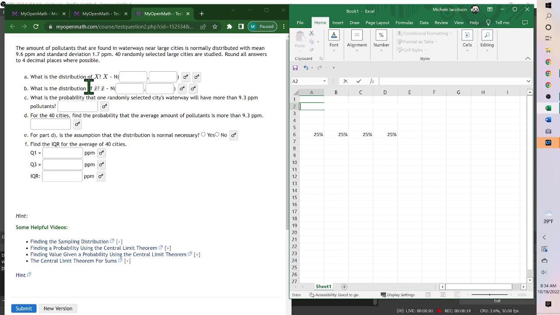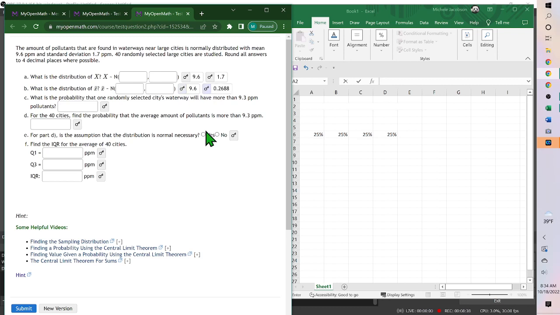Okay, so the first one, that's your population distribution, and so the mean and standard deviation were given, 9.6 and 1.7. This is a sample. And the sample was 40 randomly selected cities. The population and the sample means are the same.